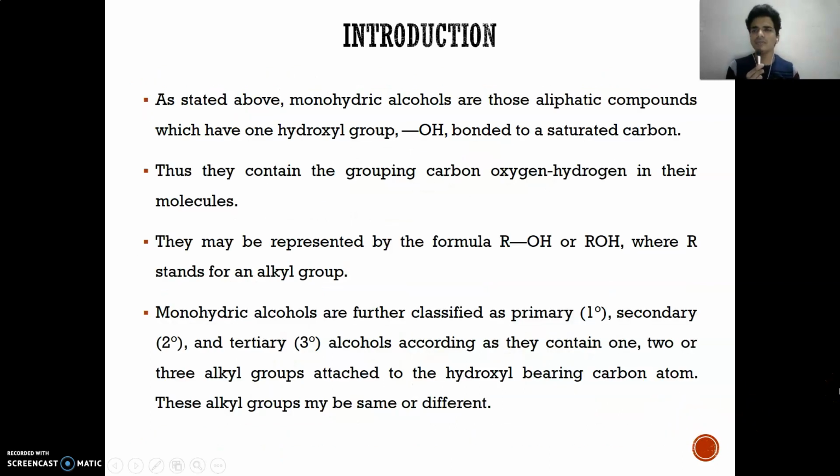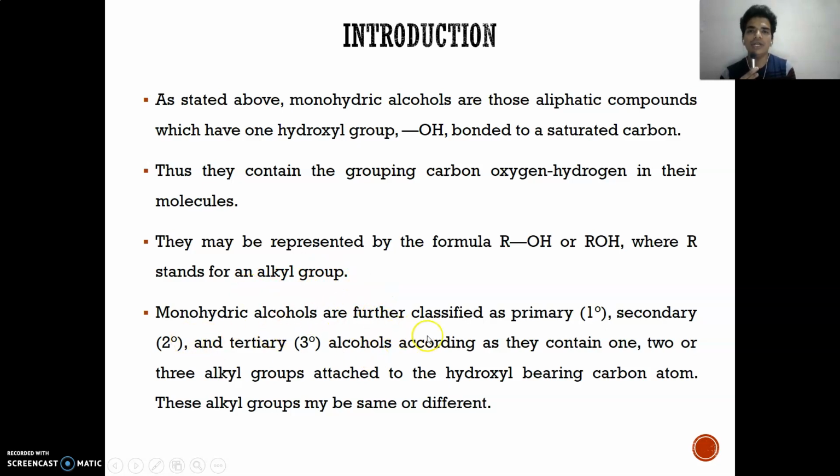As stated above, monohydric alcohols are aliphatic hydrocarbons which contain one hydroxyl group bonded to a saturated carbon atom. Thus they contain the grouping of carbon, oxygen and hydrogen in their molecule, so they may be represented by R-OH, where R is an alkyl group.